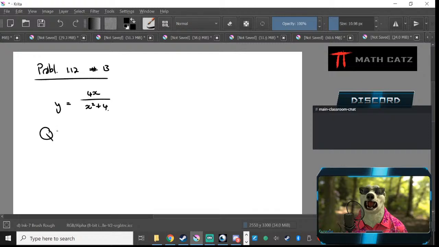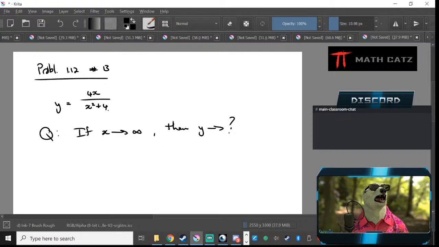Same question. If x approaches, in this case, infinity, then what is happening to y? So hopefully you feel that this question, because I understand polynomials, is really not difficult at all.